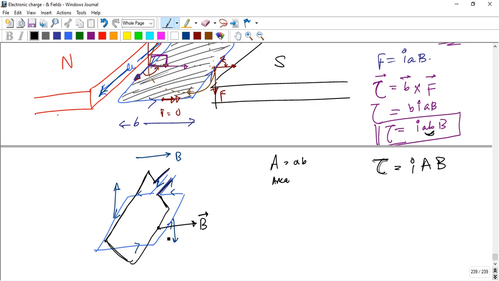So there is a force, and suppose the current direction is the same.